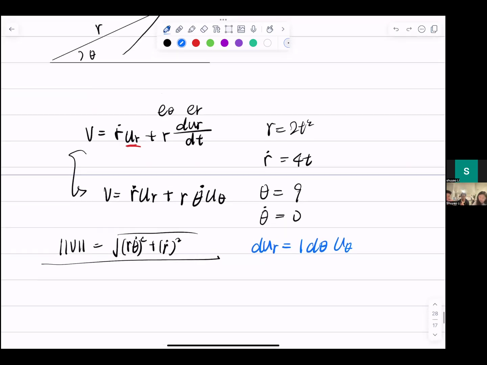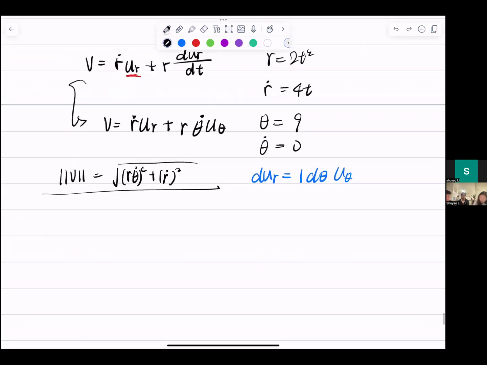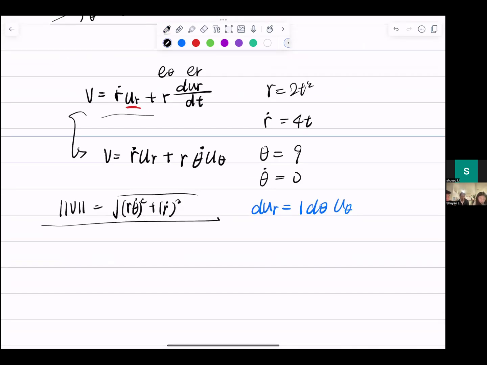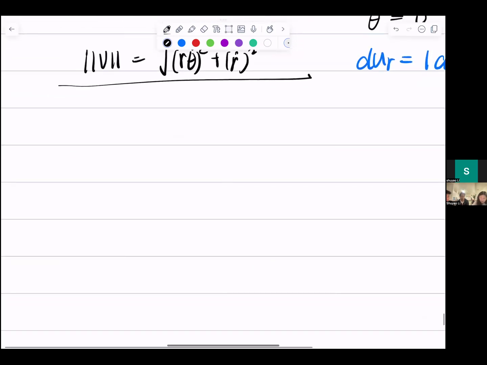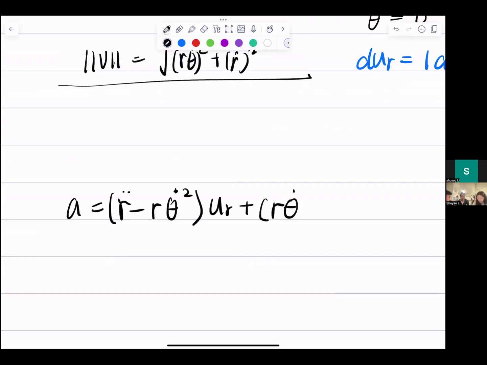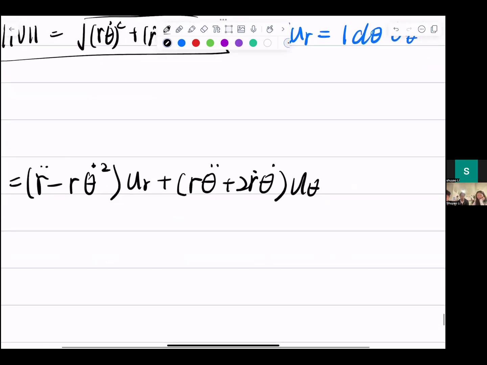Adding on to that, since we can conclude what v is, we can also find a, because a is the derivative of v. So a equals the second derivative of r minus r times theta dot squared, in the u r direction, plus r times the second derivative of theta plus 2 r dot theta dot, which is in the e theta direction.